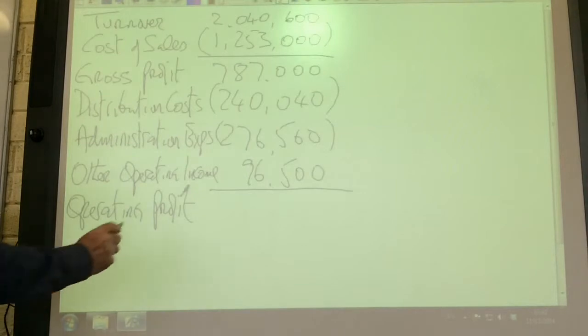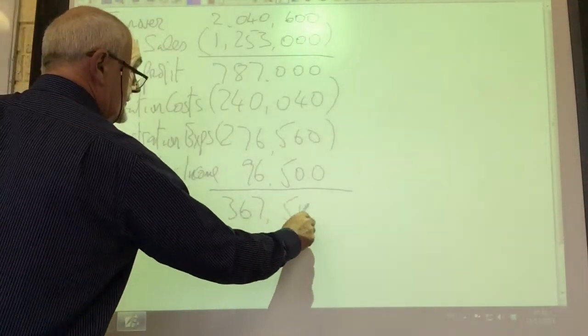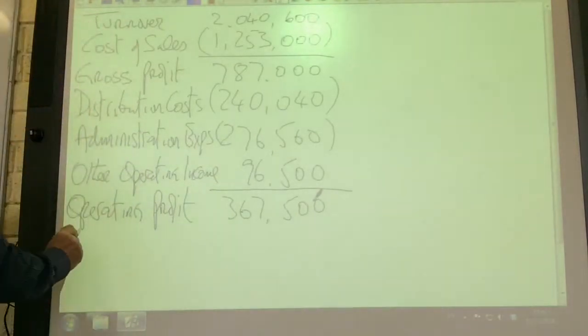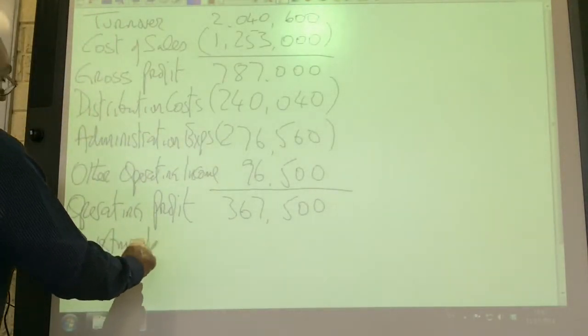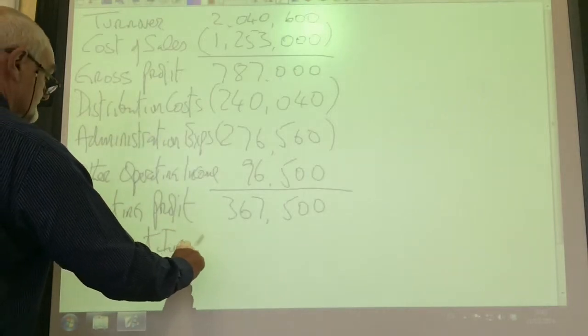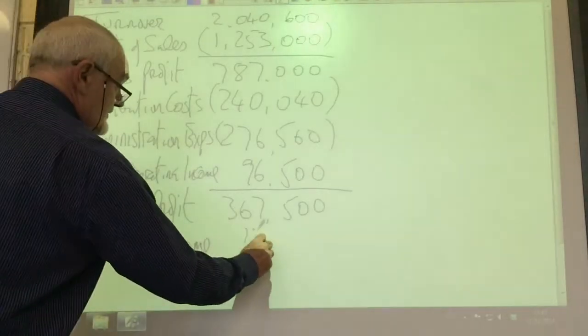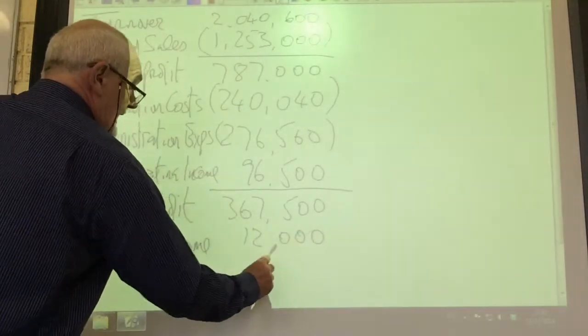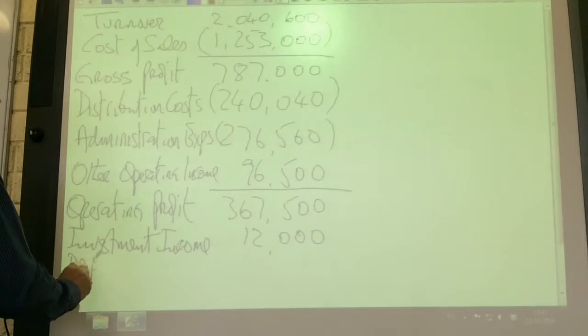And our operating profit is 367,500. To which we add our investment income. That was the 4,200 received plus the 7,800 euro due to us, giving us 12,000. And we had the already calculated profit on sale of land.